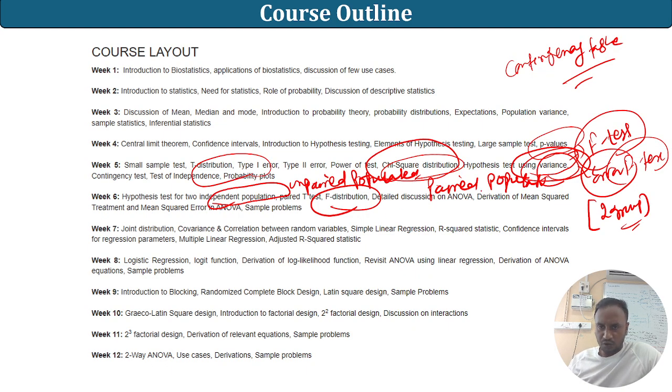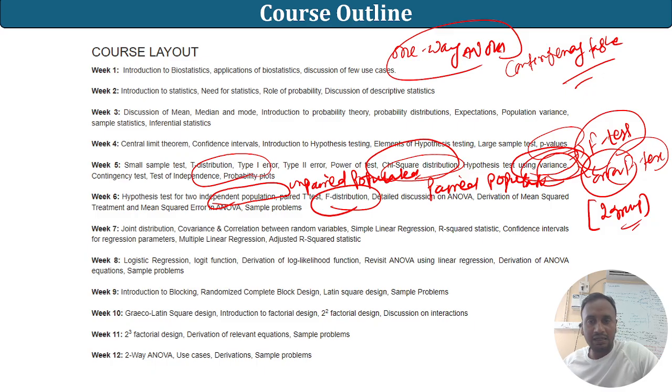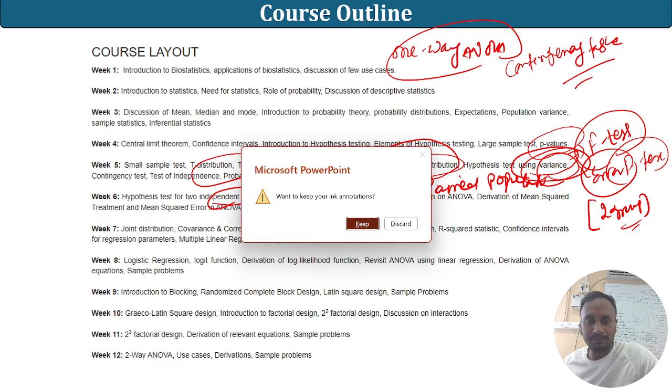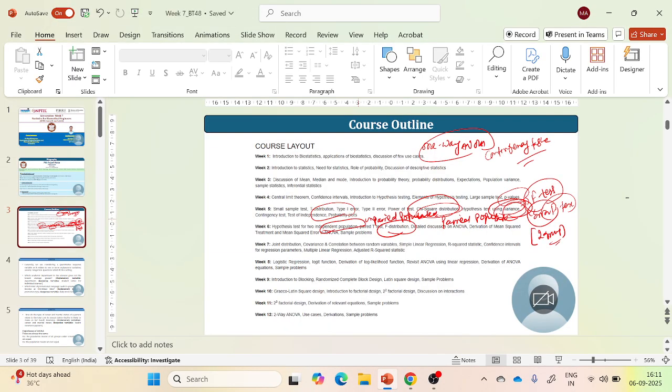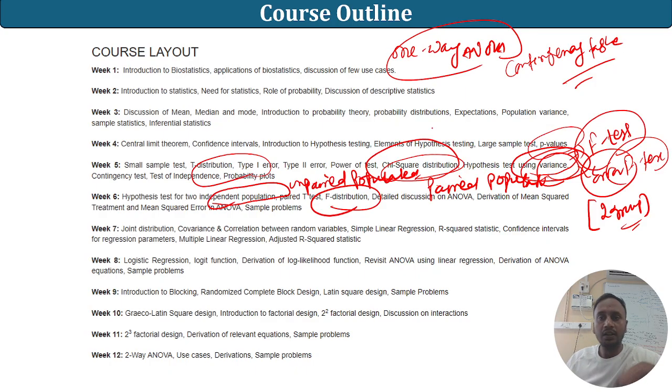So today's session agenda is one way ANOVA. We'll see some examples. What is the ANOVA actually? ANOVA stands for analysis of variance.